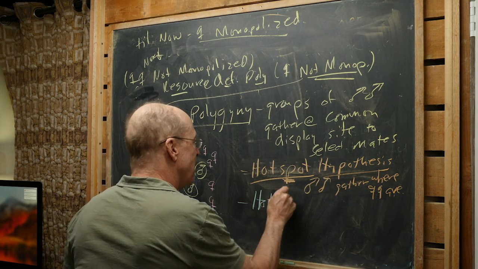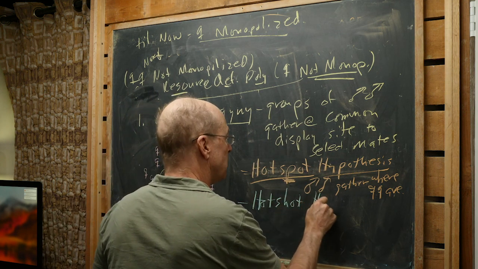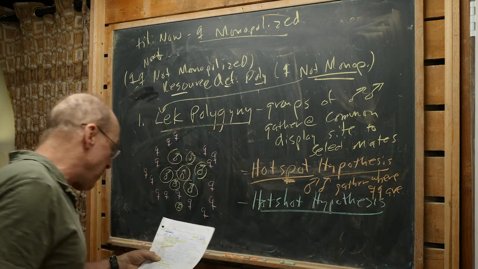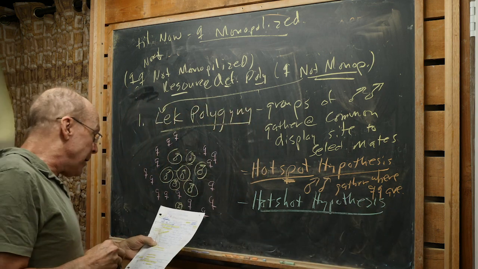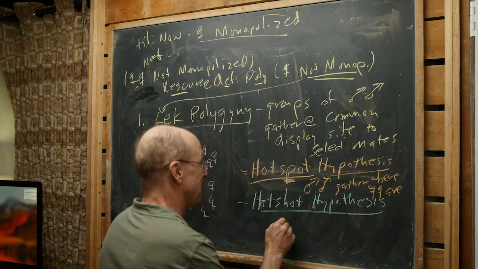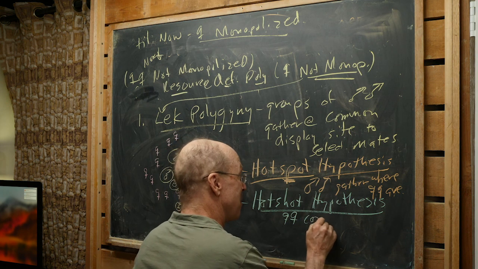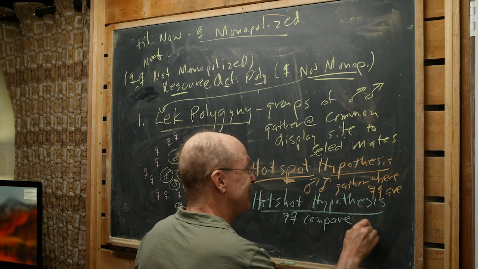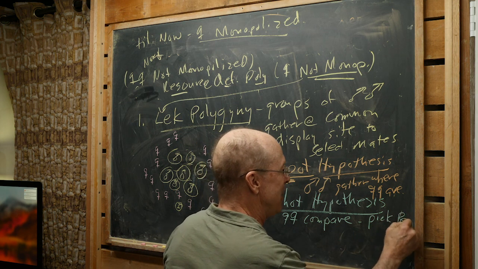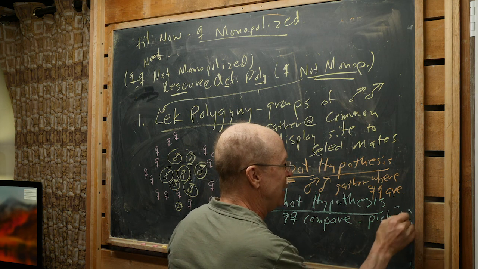Let's do the next one. The hot shot hypothesis. The hot shot hypothesis is that females like to compare. Females compare, and they pick the best, whatever that means in the case.